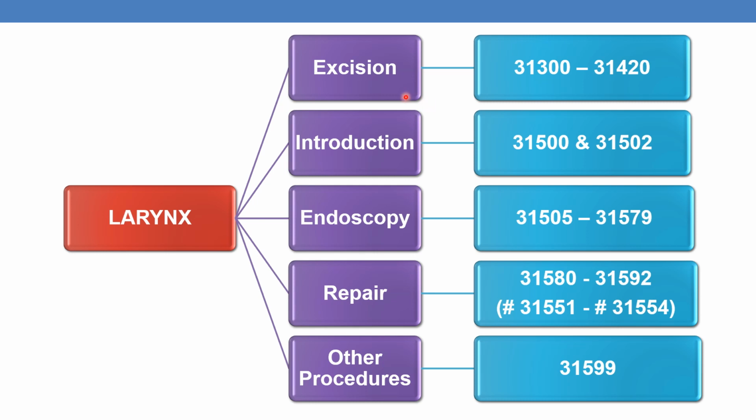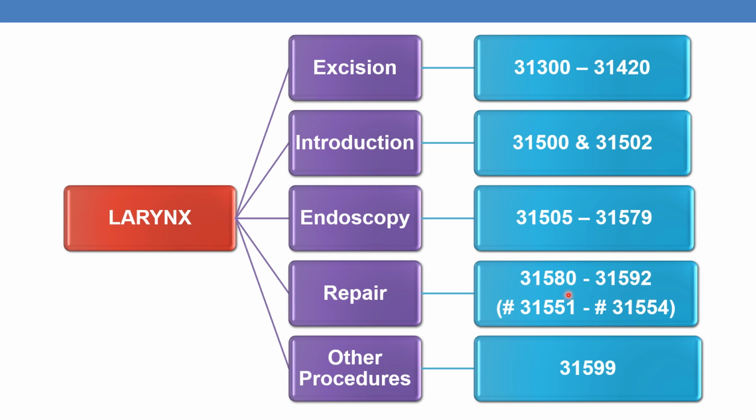The CPT range for excision is 31300 to 31420, for introduction it is 31500 and 31502, for endoscopy the CPT range is 31505 to 31579, and for repair it is 31580 to 31592.